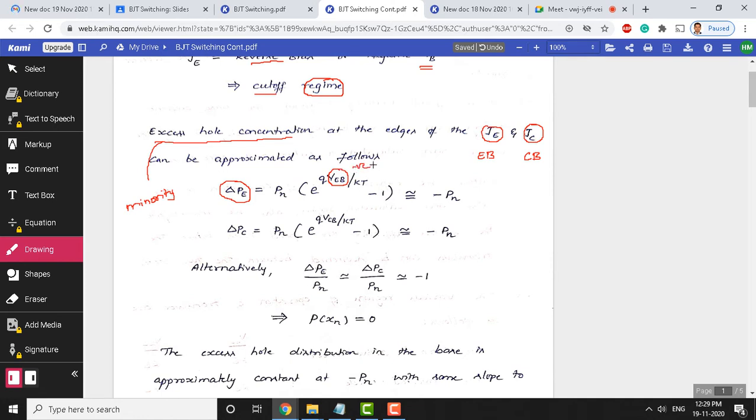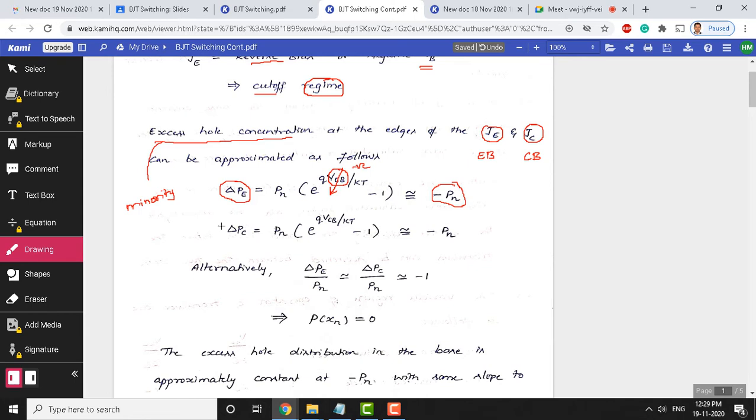So this exponential term will go away, since e to the power of a large negative value becomes very small. When we remove this exponential term, the approximate equation for delta P becomes equal to minus Pn. This is the hole concentration in the n region, and we have reached the equilibrium condition here.